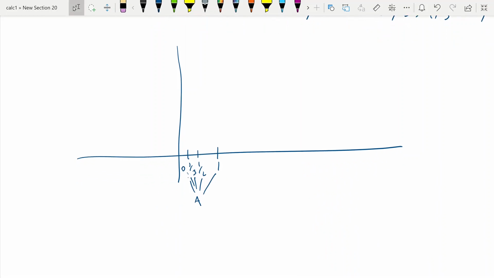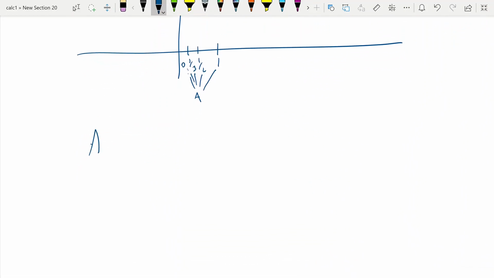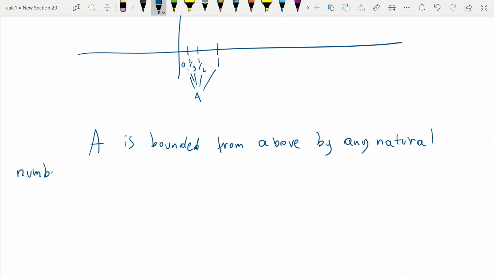And so naturally A is bounded from above by actually any natural number, including 1.